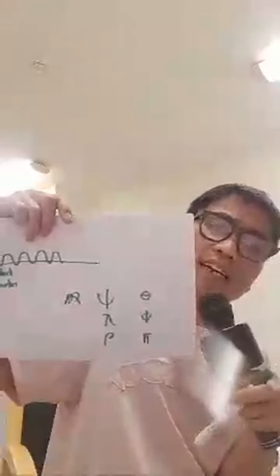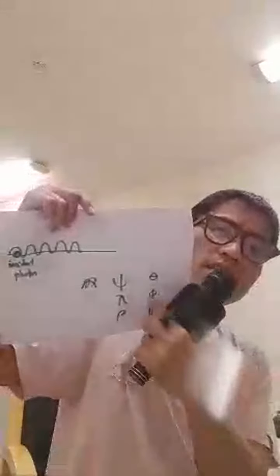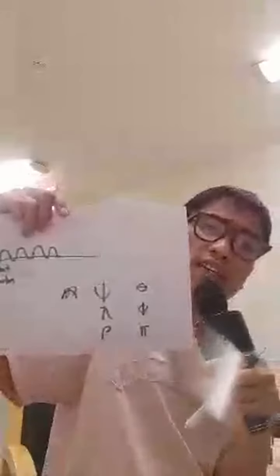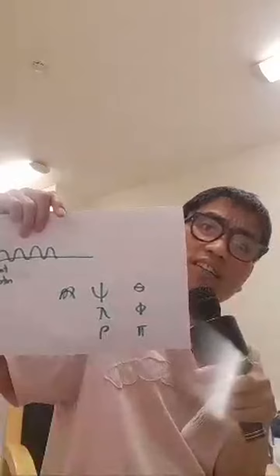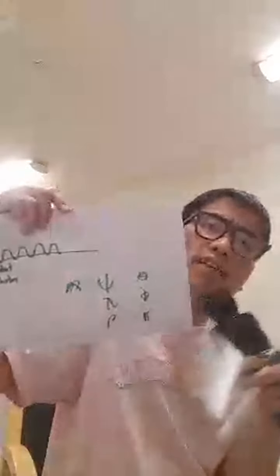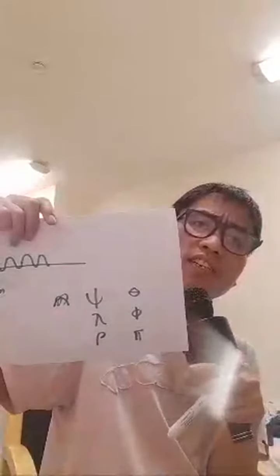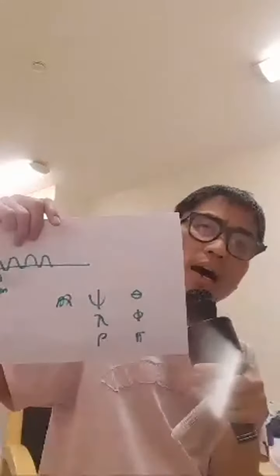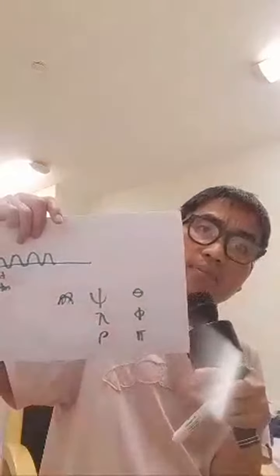The second to the last is phi, PHI. This is also an angle, opposite to theta. The last is pi, the most commonly and popularly known in algebra and trigonometry. Pi is equal to 3.1416. Memorize that all the time.